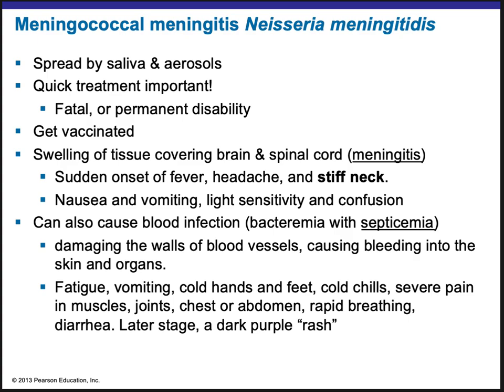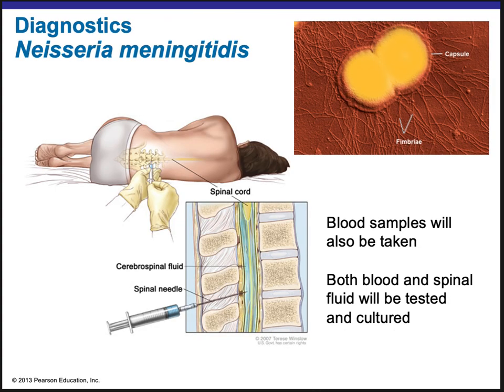So this is one of the most severe diseases that we're talking about in this class, right? It's so fast, right? Once it gets access to the central nervous system, it just destroys you, okay? Get vaccinated. Tell everyone to get vaccinated.